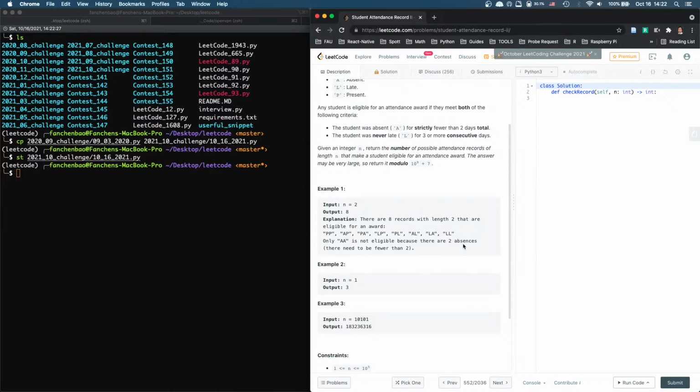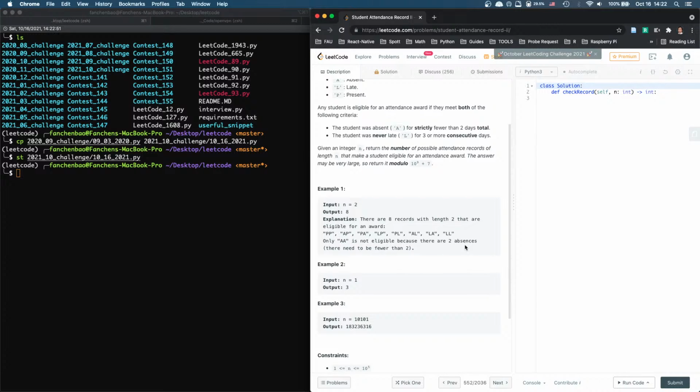Yeah, that's 4. Okay. So if we allow A but do not allow L, so we have P, allow A but do not allow L. So that's 2. And allow A, so we can do A, and the second one is not allowed, so that's only 1. So that's going to be 3.